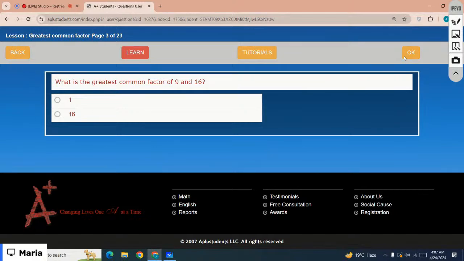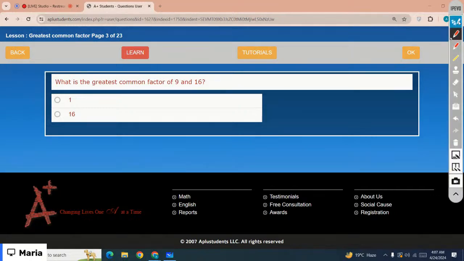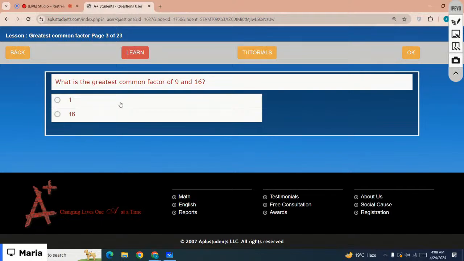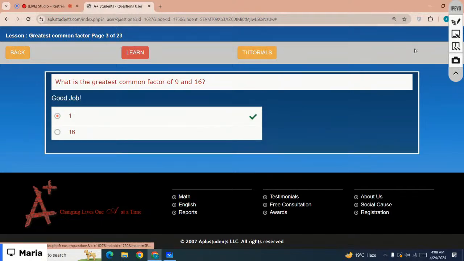You don't have any common factor in 9 and 16. Let's make the factors. The prime factors of 9 are 3 times 3. The prime factors of 16 are 2 times 2 times 2 times 2. You can see they don't have any common number other than 1. So the correct option is 1. If the two numbers don't have any common factor, they still have 1.